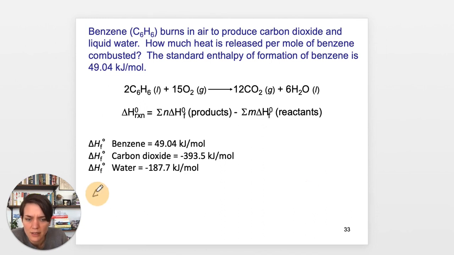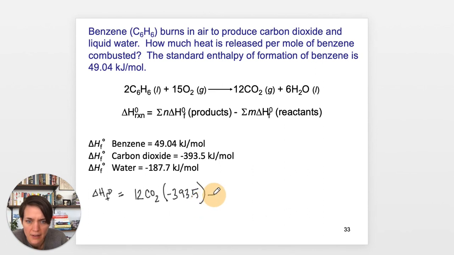So our delta H of formation would be equal to, we want to look at our products first, right? So we have carbon dioxide, we have 12 moles of CO2, and that enthalpy of formation is negative 393.5.